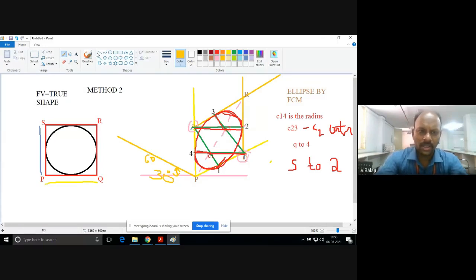Okay. Now similarly, you draw one more 60 mm line parallel at 30 degrees, and from Q draw one more 60 mm line, and from R you draw one more 60 mm line. So I am not having sufficient space. I will do one thing: I will reduce the length of the 60 mm.